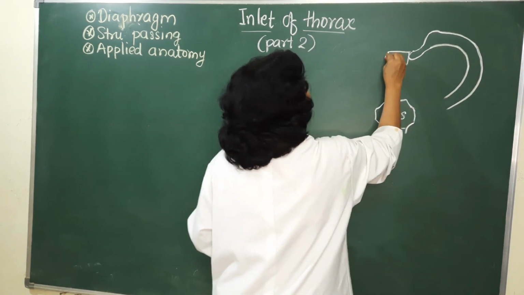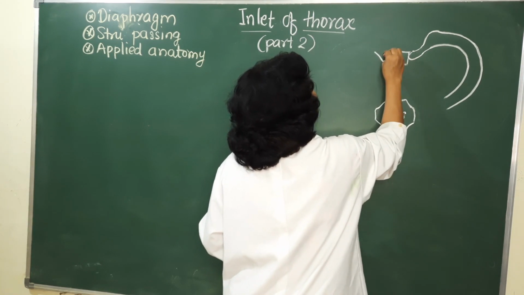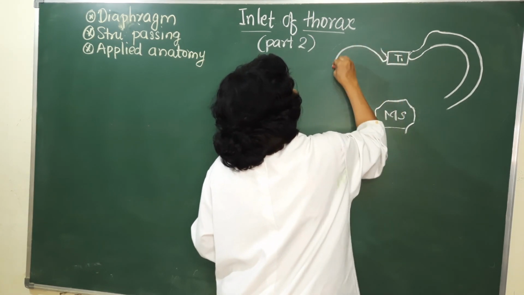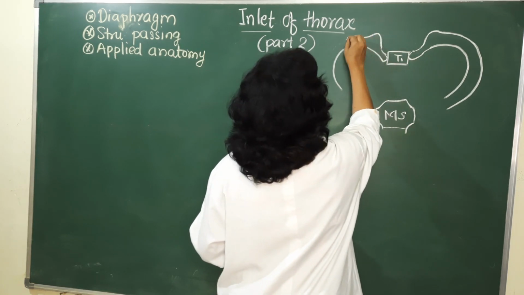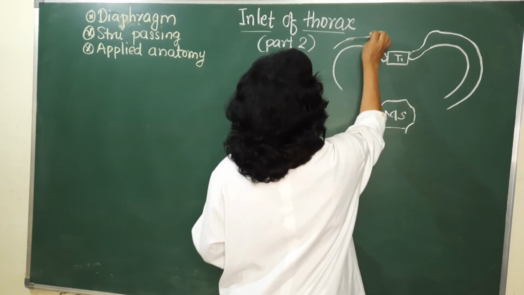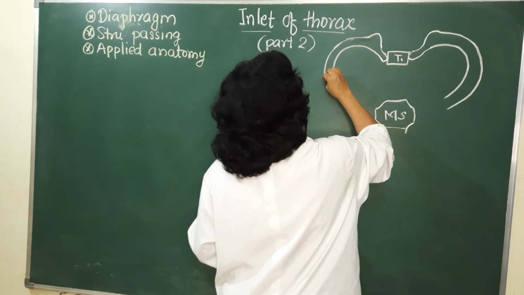On this side also you get the first rib, head, neck, tubercle and the shaft of the first rib, like this.